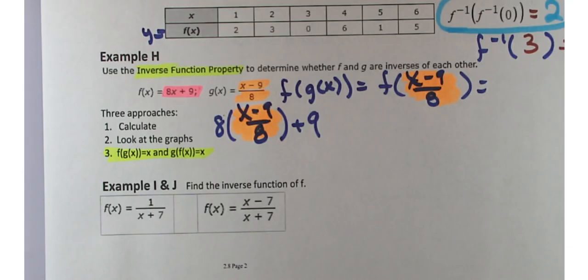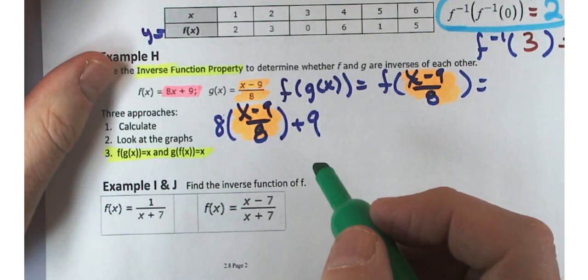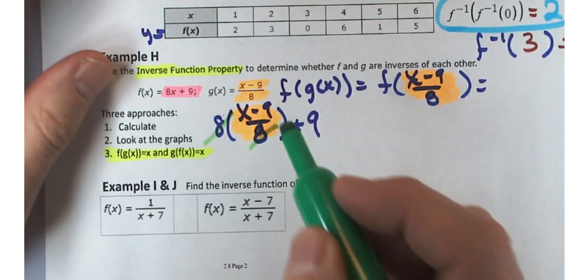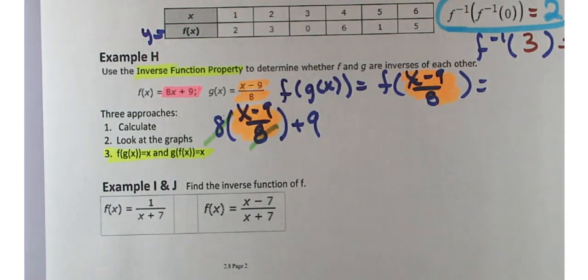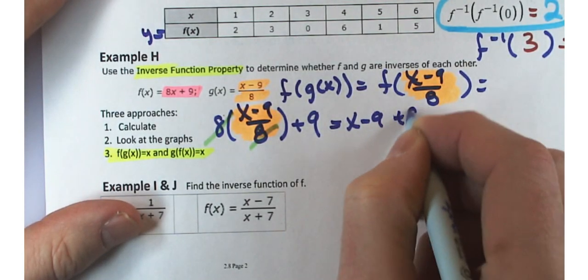Does anyone see any simplification there? Griffin, what do you think? Is there any simplification on that one? Did you cancel the 9? Not quite yet. No. The 8? Yeah, we cancel the 8s. So that leaves us with x minus 9 plus 9.